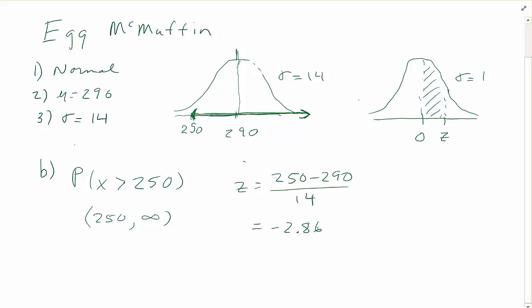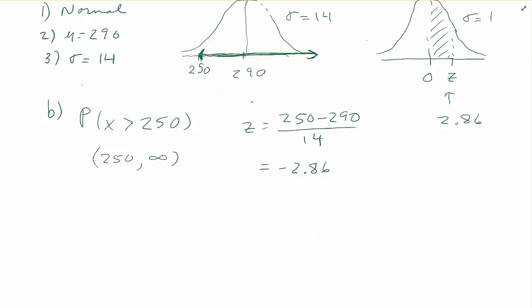Notice the resolution of the standard normal table is in hundredths, so I rounded that to 2.86. Now, how am I going to get this? Well, the standard normal table only gives us probabilities for areas from the center out to a positive z. So I'm basically going to have to look up the 2.86, and then I'll get a measurement from the center out to that particular value.